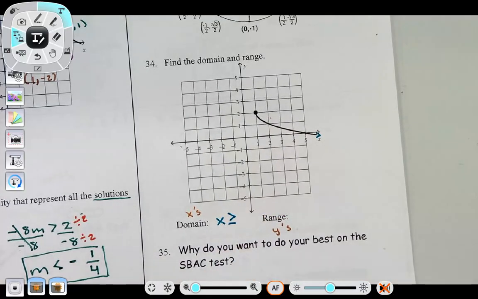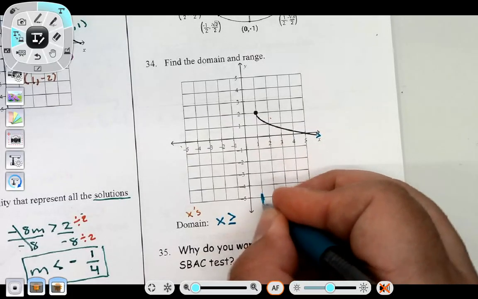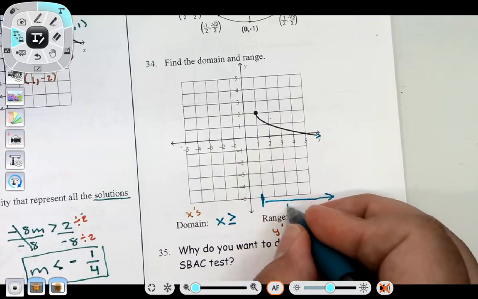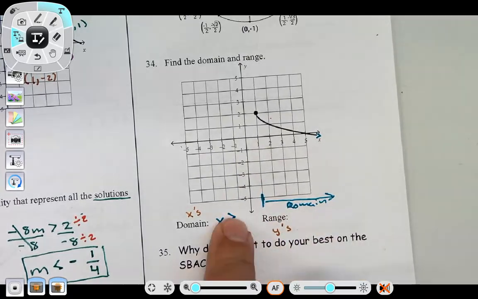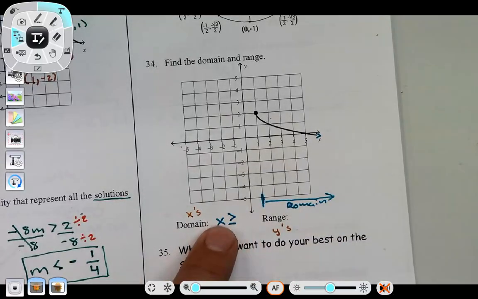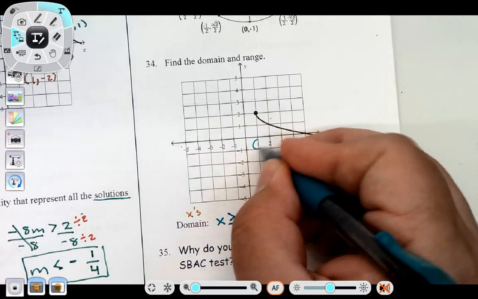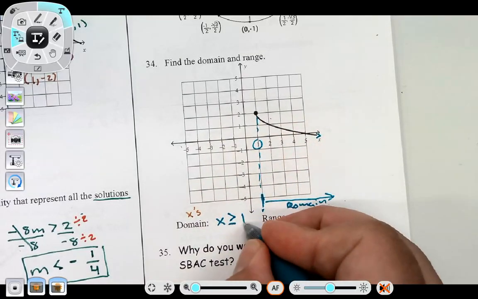We also say equal to, because there's a dot there. So my graph starts here and goes forever to the right. There's my domain. That's why I'm pointing it in that direction, because my x's are getting bigger. So now the question is, where did it start? Well, there you go. This graph starts at the number 1, and there's my domain.